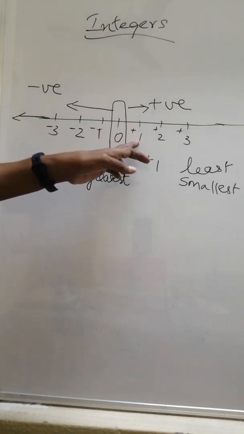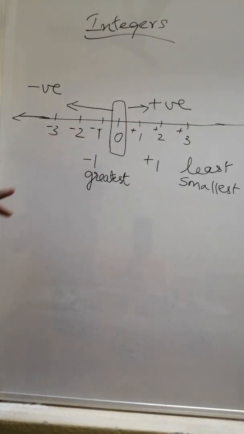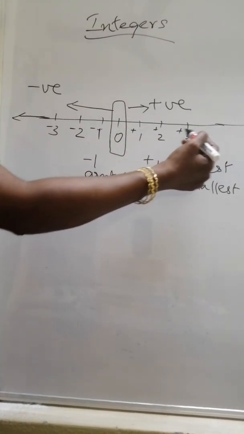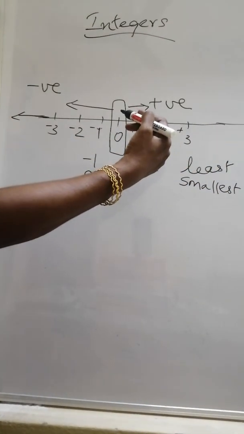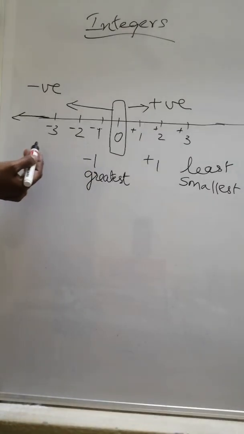One side it is least and in the opposite side it is greatest. So here we cannot say which number is the biggest one. Here we cannot say which number is the least one.